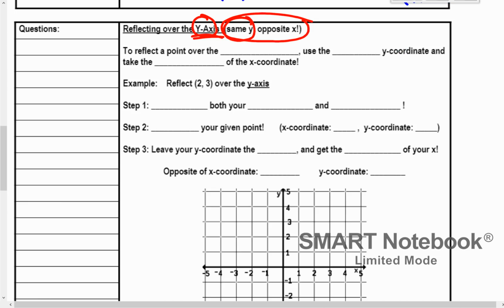Okay, so to reflect a point over the y-axis, you use the same y coordinate and take the opposite of the x coordinate. Okay. Example 1.